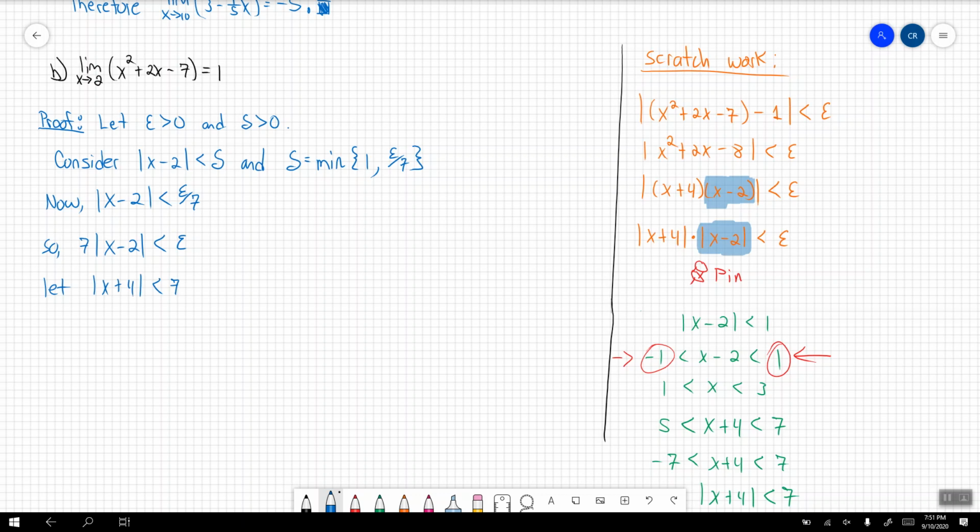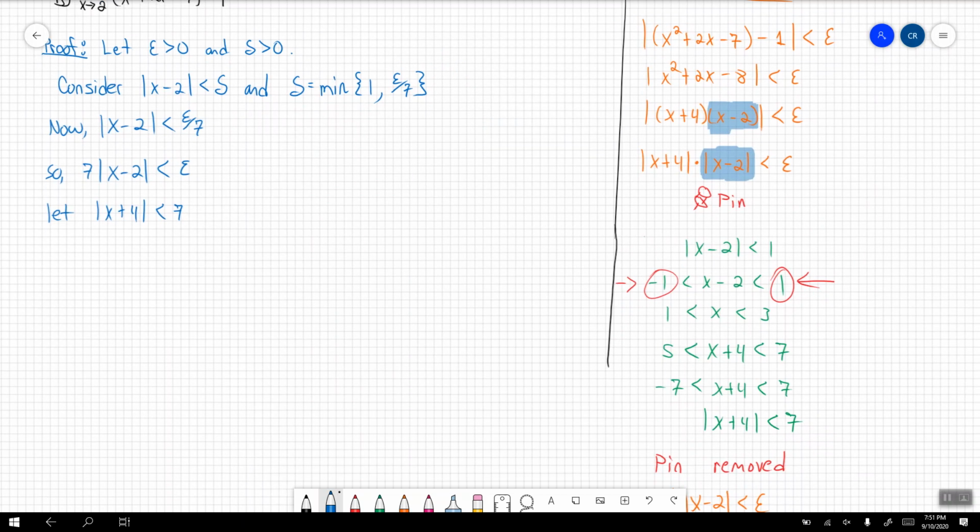Now is when that feeling comes into play that I mentioned earlier. Some of you might have a feeling that it doesn't work quite well if we just replace the absolute value of x plus 4 with something less than 7.